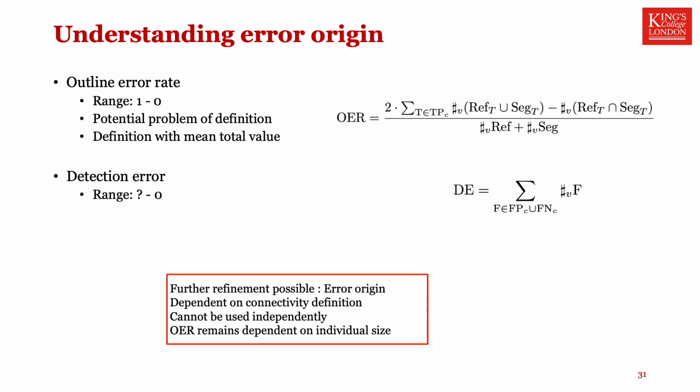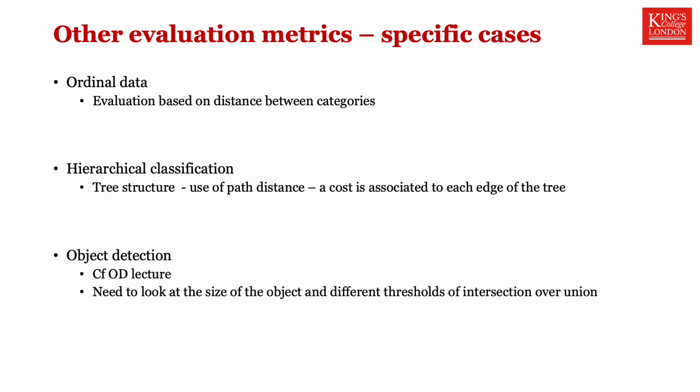And there is still some dependence on the size in the outline error. So that's a bit to cover all the segmentation types of evaluation. And now we can look into cases and other evaluation metrics.